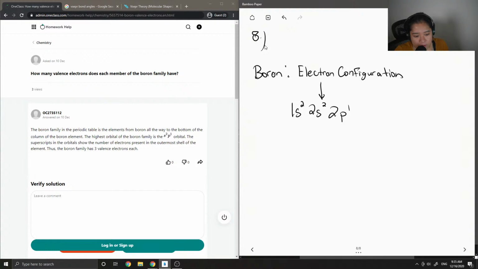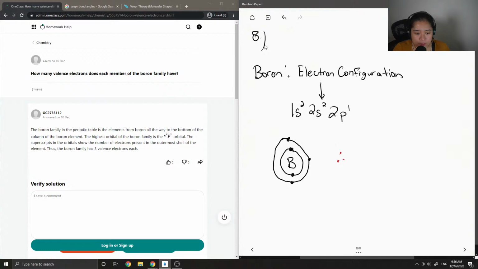So if I were to draw the structure of what the electron shells might look like, 2 of those electrons will be on the inside, and then the remaining 3 would be valence.